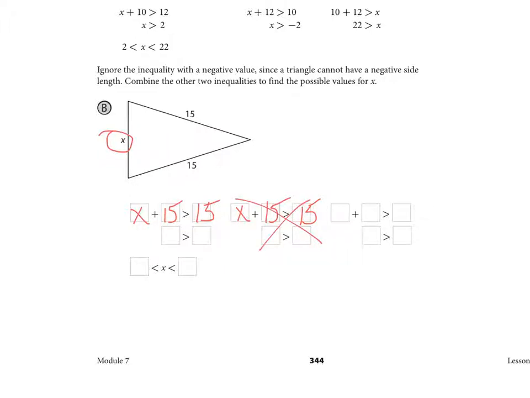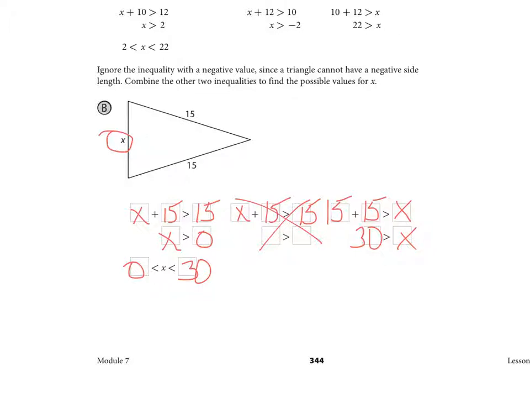And we need to do 15 plus 15 is going to be greater than x. So you subtract 15 from both sides, and you get x has to be greater than 0. So that goes here. And this is going to be 15 plus 15. So x has to be less than 30. Okay?